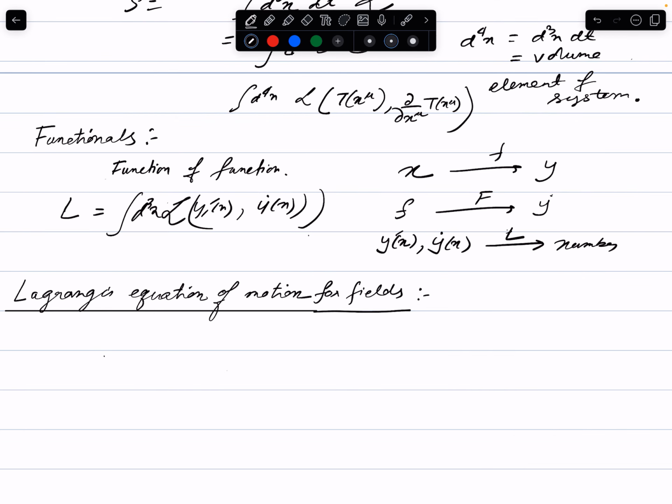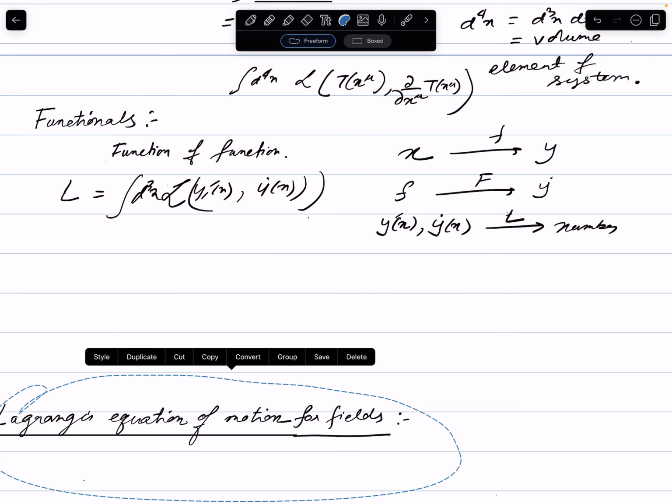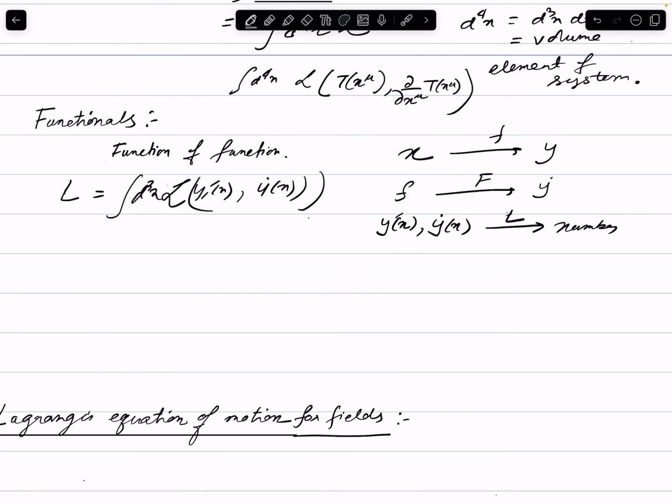Okay, and so now to solve del S is equal to 0, we have to do variational calculus with functional derivatives. I am just saying this for general knowledge: we have to use not ordinary derivatives, but we have to take derivatives of functionals, not just functions.